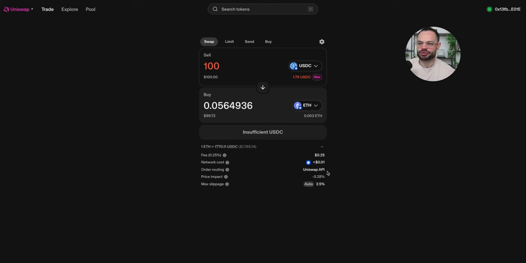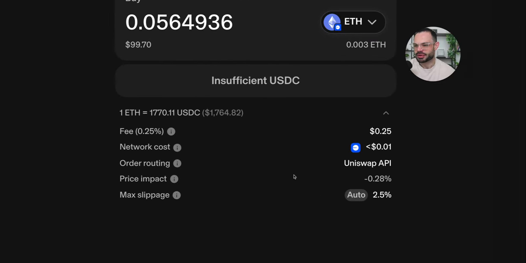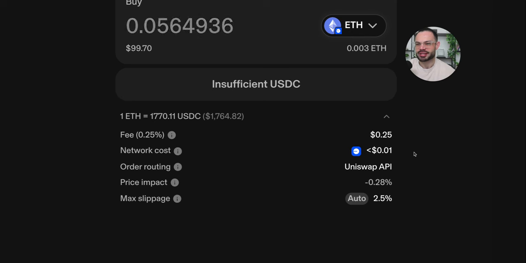Okay, I really want to draw your attention to something at the bottom of the screen here, which is these fees. Okay, you'll notice there's a couple of different fees here that a user must pay in order to actually execute this type of swap on chain in a decentralized manner. The first cost you'll notice is this 0.25% fee, which is essentially the fee tier at 0.25% that this particular transaction is getting routed through.